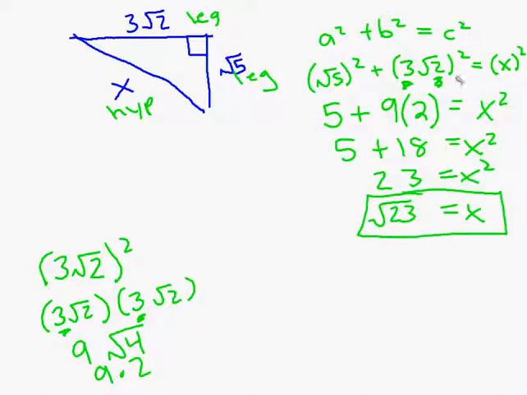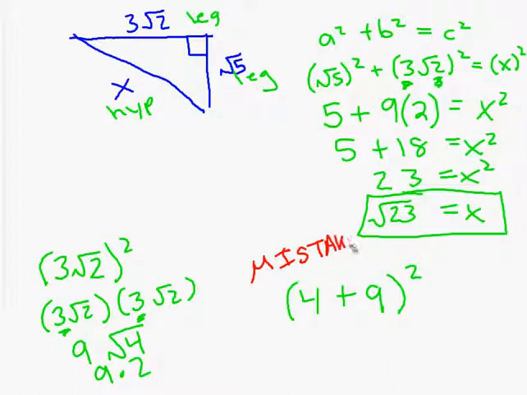Okay, now since we talked about this square, I just want to make a point of this. If I had 4 plus 9, and I do want you to write this down because I don't want you to make this mistake. The following is a mistake. Do not do this because it is wrong, and everyone falls for this trap.